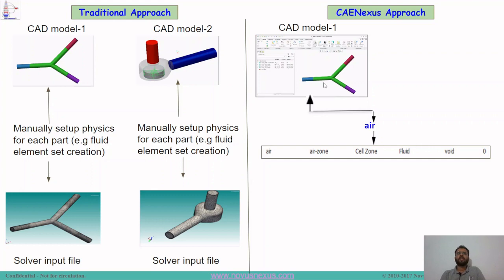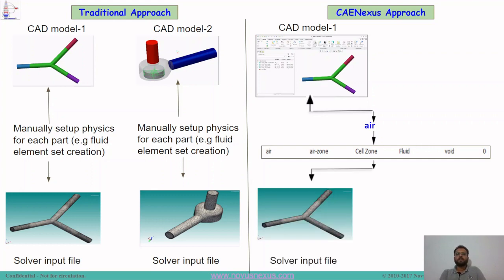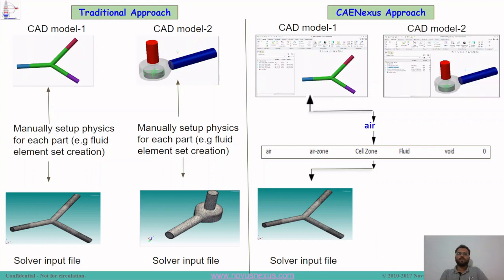And if there is another model with similar physics, then the user just has to tag that CAD model with the same classes, and the already created abstract model will be reused, and it will save the analyst time.